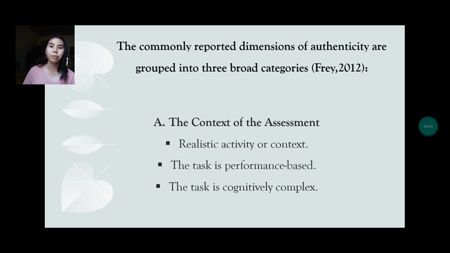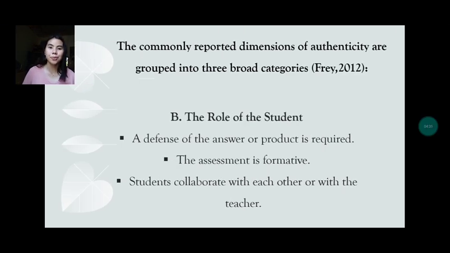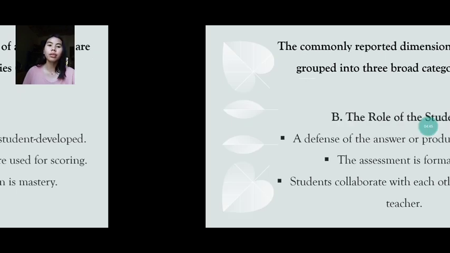The task is performance-based and the task is cognitively complex. And the second one is the role of the student. A defense of the answer or product is required. The assessment is formative. And last, the students collaborate with each other or with the teacher.